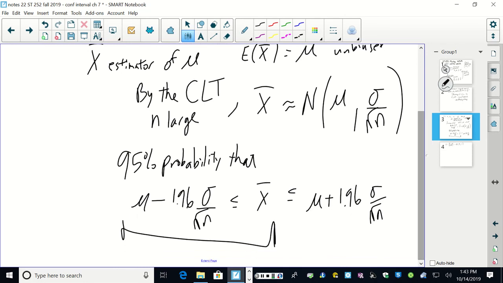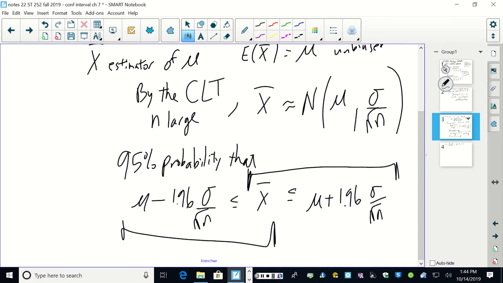And you can consider the other half of this. Here's x bar less than or equal to that. Well, you could isolate mu again by subtracting that to the other side. If you do both of those things and you get mu is greater than something and mu is less than something, you can stick them back together. And that's not going to change the probabilities. That's just going to rearrange things a little bit.